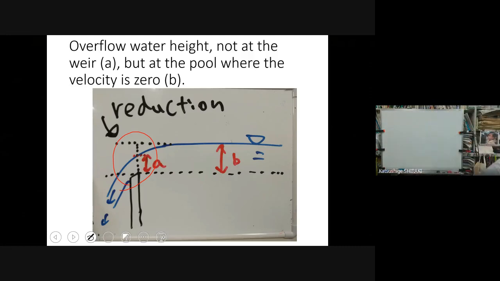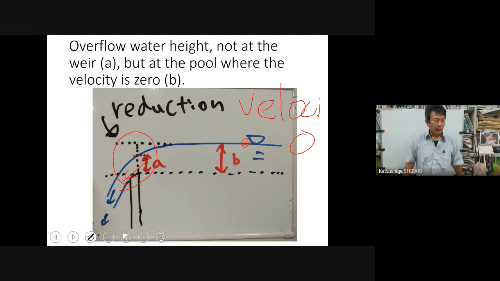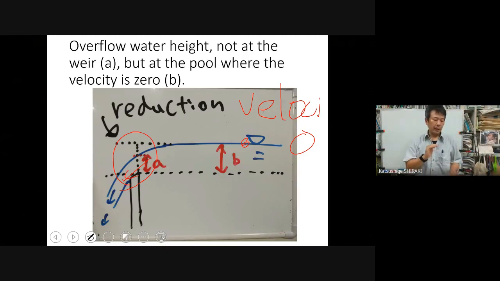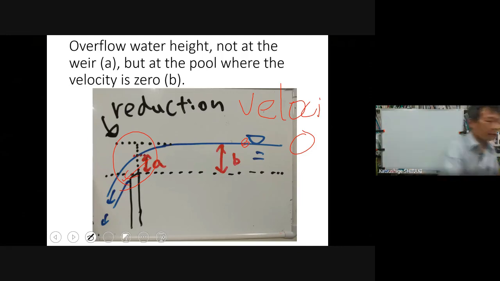Here the velocity is zero, but here there is some velocity, and we can calculate with some integration with a triangle or rectangle. But this is a very important point: the overflow height is not A, but B.